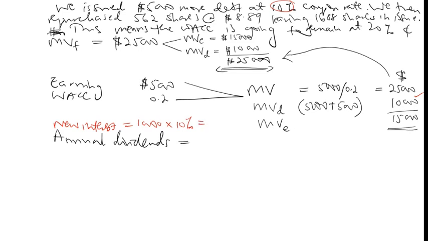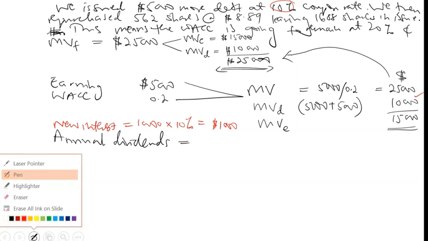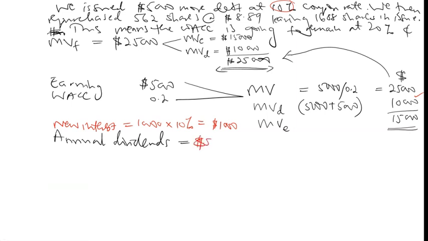So this means we are now paying interest of $1,000. So we come here and say annual dividends are now the earnings of 5,000 less 1,000, and we are now left with 4,000 as dividends.